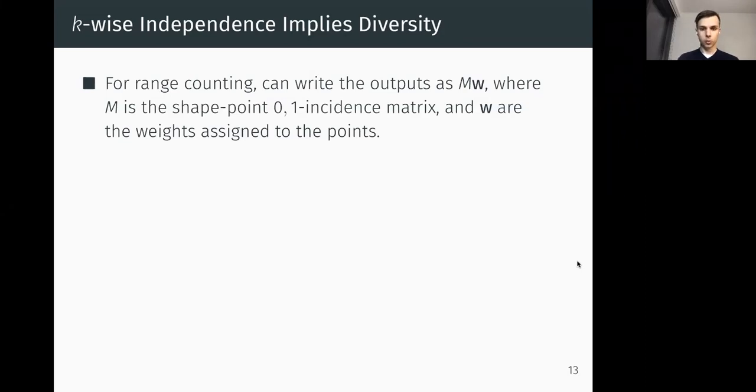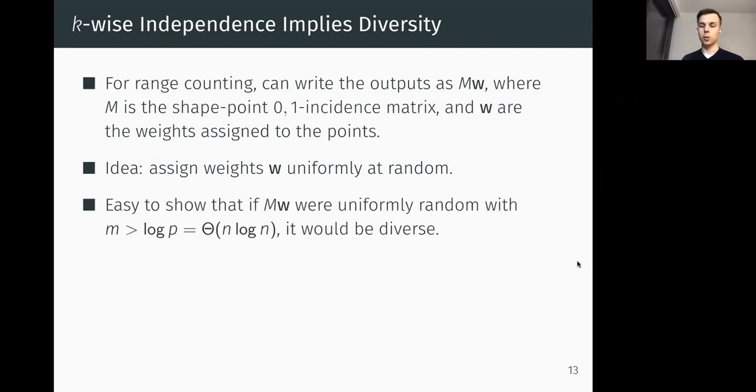The main idea is to choose the vector W uniformly at random. If M were a non-singular square matrix, then the output MW would be uniformly random. And it is easy to show that such a uniformly random vector, as long as it is longer than log p, would with high probability be diverse.